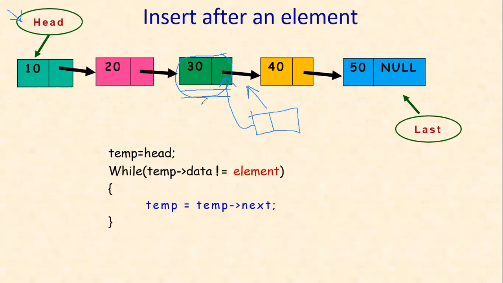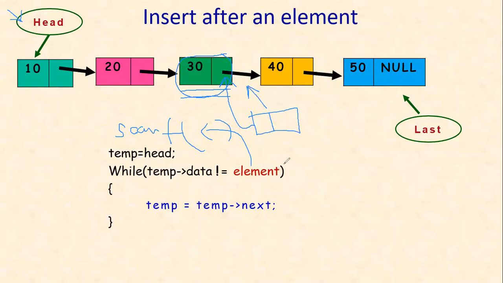How could I get it? I can get it by traversing from head to the target value. So before doing everything, I have to read an element using a scanf statement, scanf percentage d ampersand element, like that.